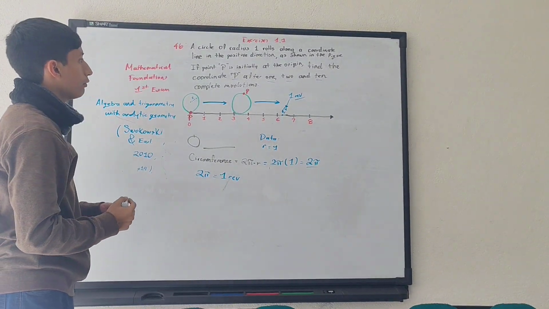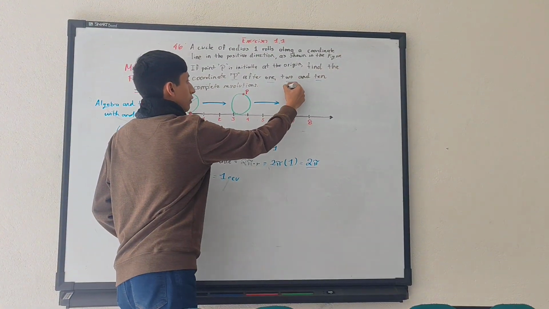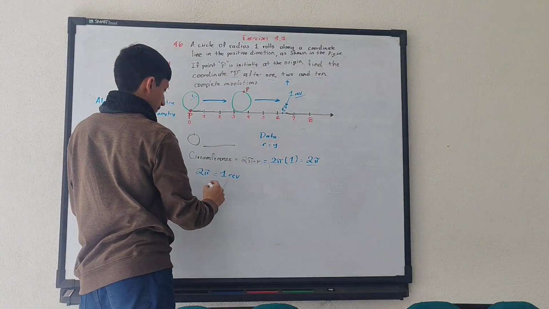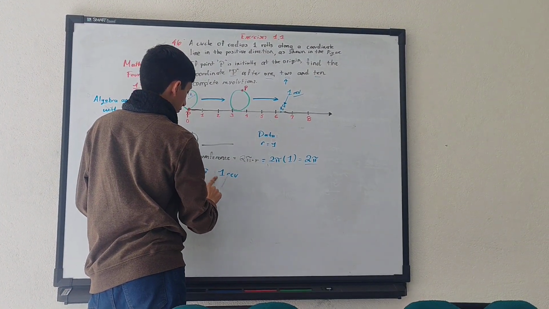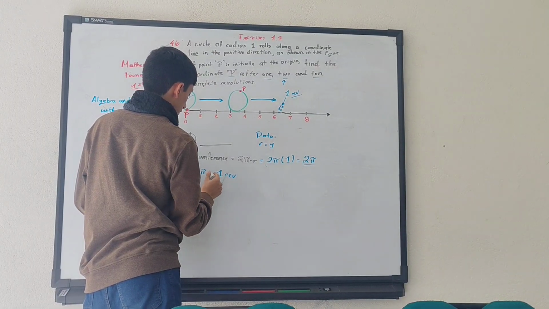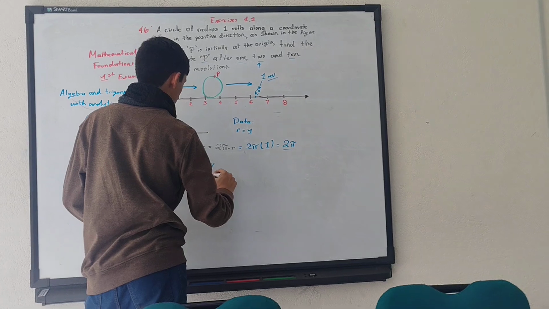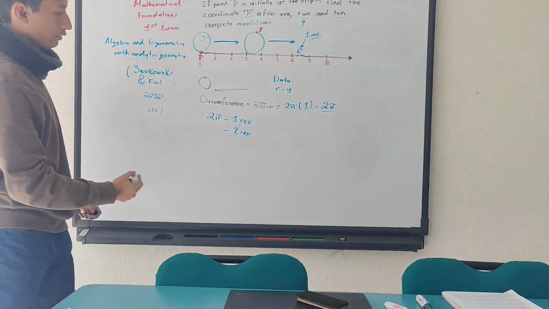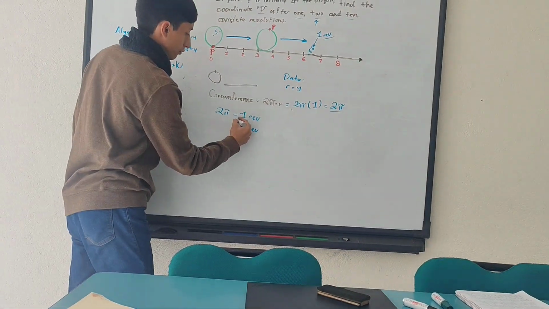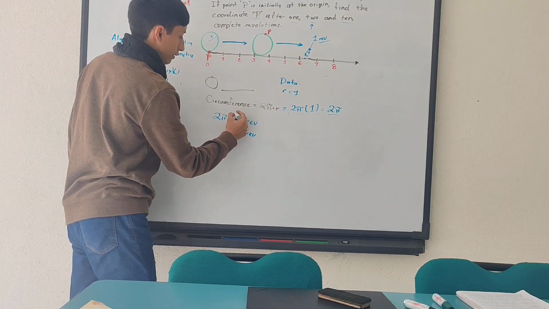If we want to find it for 2, we can do the simple rule of three: we multiply, and after that divide.